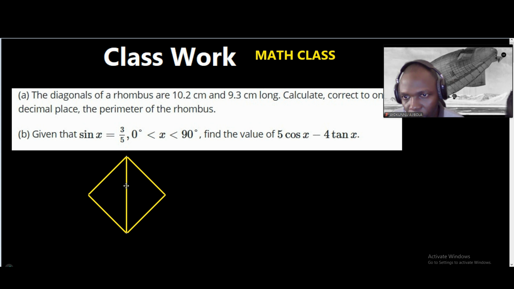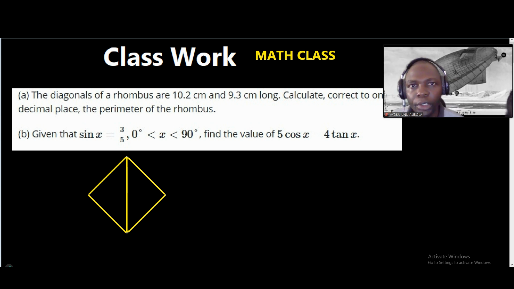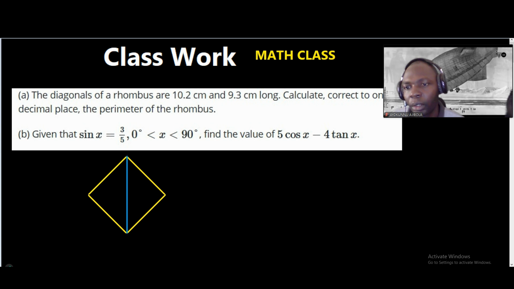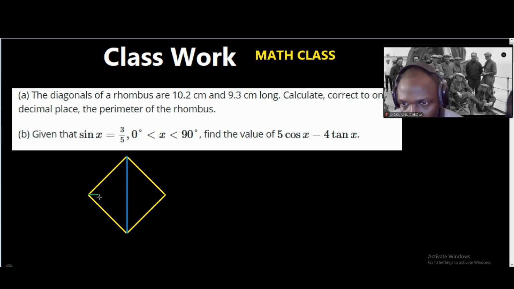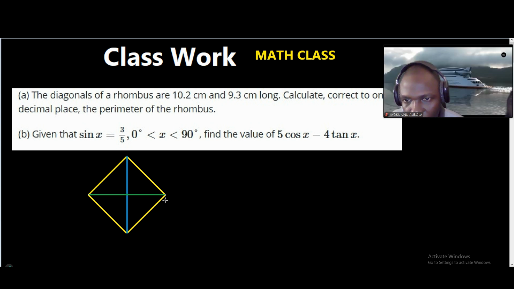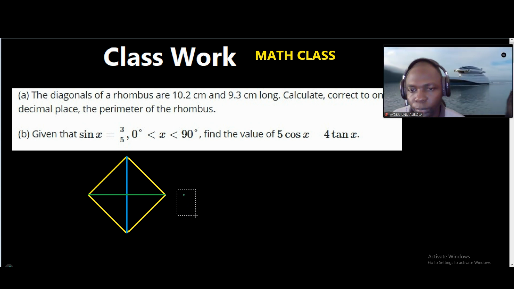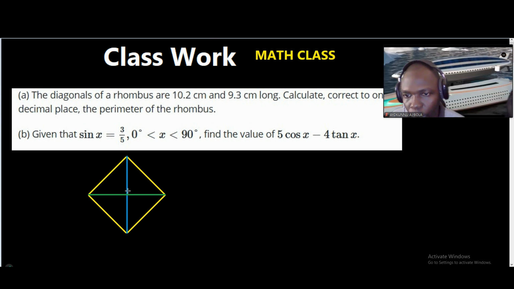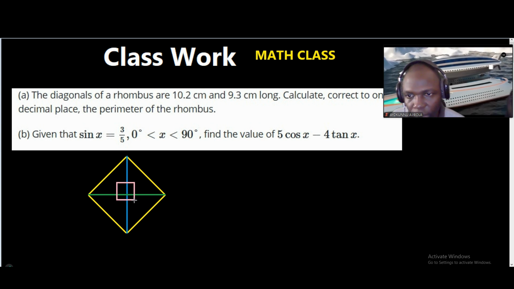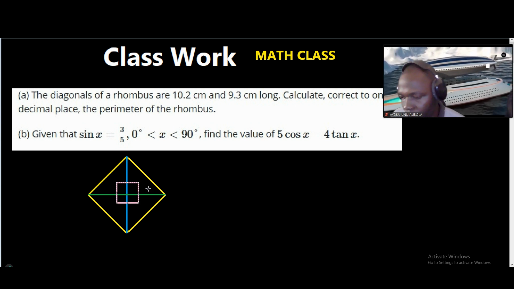I can change the color of the diagonal to blue, and the other diagonal to green. You can see it's a perfectly straight line. Then if you check the angle between the two diagonals, they meet at 90 degrees. So all of them are going to be 90 all through. So this is 90 degrees.